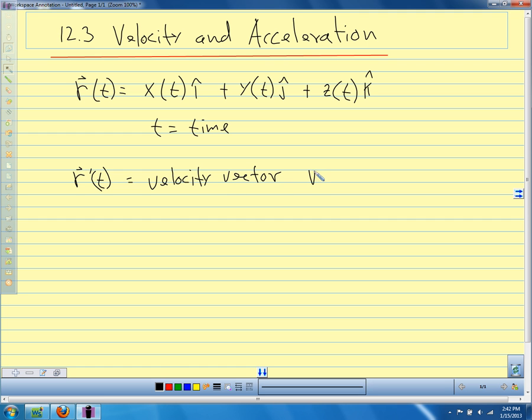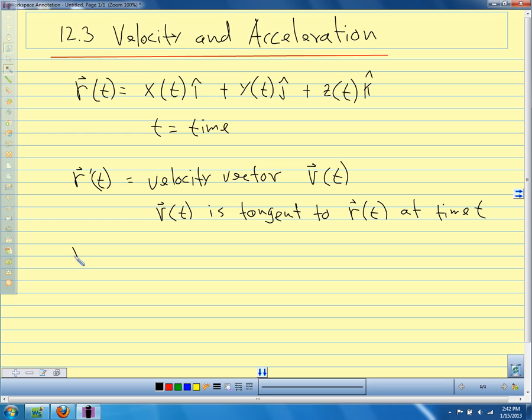And we could write v of t, and v of t is our velocity vector, which is going to be tangent to r of t at time t. So our velocity vector is tangent to the curve described by our position vector.